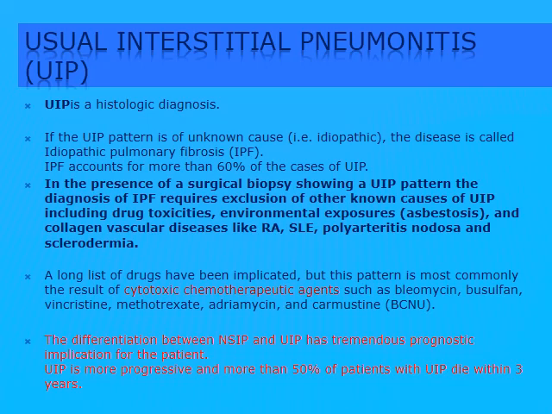In the presence of surgical biopsy showing UIP pattern, the diagnosis of idiopathic pulmonary fibrosis requires excluding other known causes of UIP, such as drug toxicity, environmental exposures, collagen vascular disease, and so on.